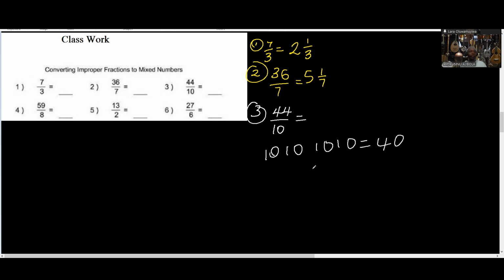Okay? So how many 10 can you see? Four. Why did you say 11? It's not 11, okay? It's 4. So the 10 that we can see in 44 is 4.